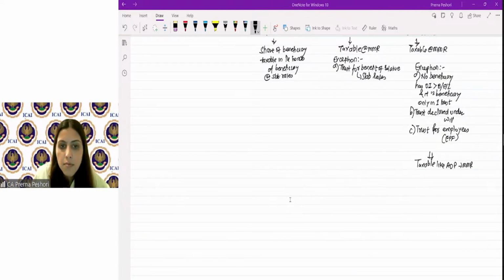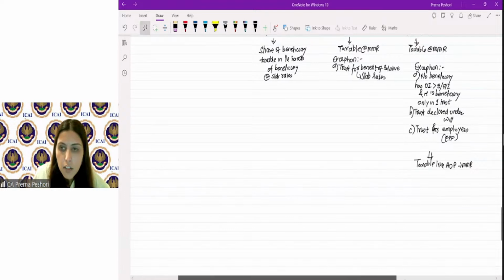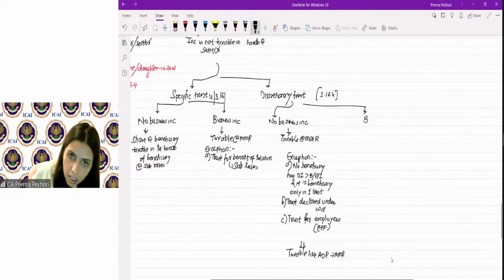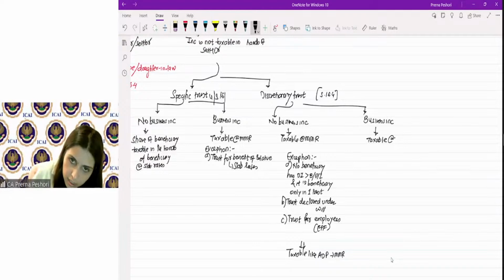Are we clear? Then if there is business income, again it shall be taxable at the MMR.